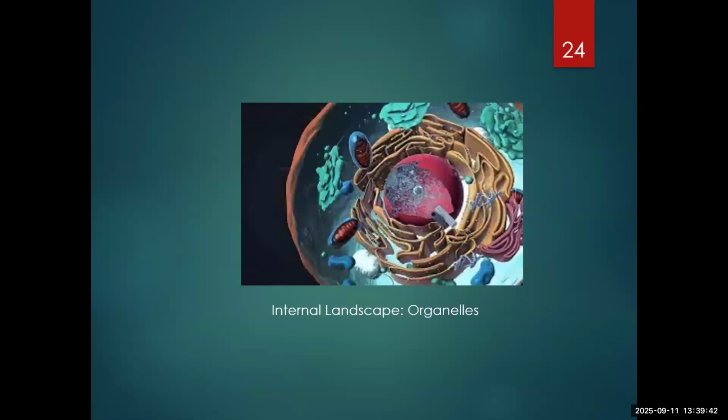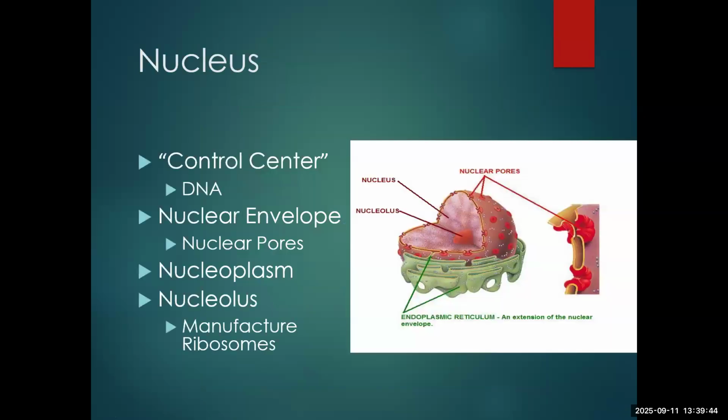All right, so let's look at some of the other parts of the cell. The nucleus is sometimes called the control center of the cell. You probably have heard that somewhere in your past. But why is it called the control center? Well, it contains what?